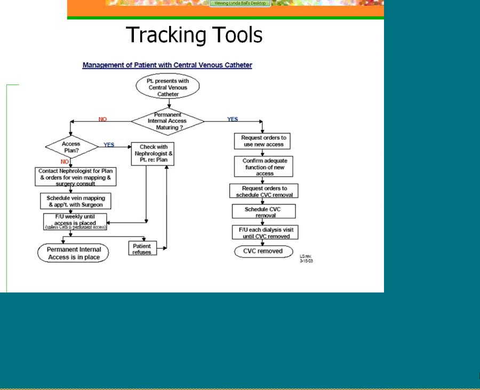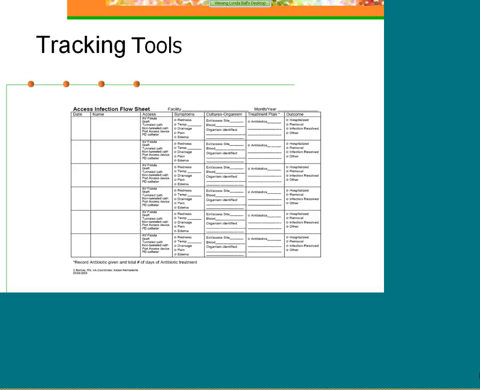If you're working on your long-term catheter, if that's the area you're choosing to work on, this is a good tool to use. Access infection flow sheet. This has a place for multiple patients on one sheet, and you can track them. So it could be any of your patients. You can see PD catheters are on there, port accesses, catheters, grafts, fistulas, the symptoms.